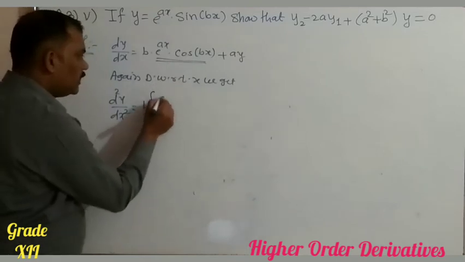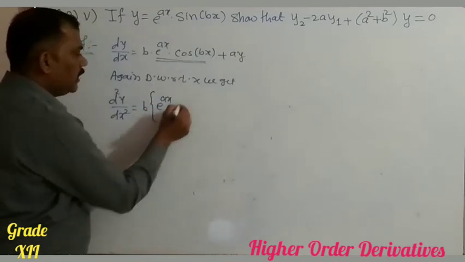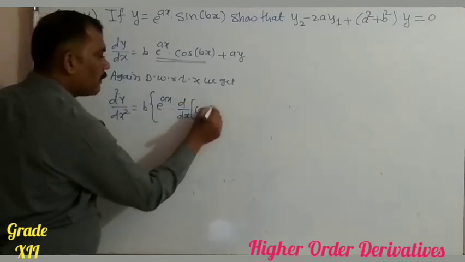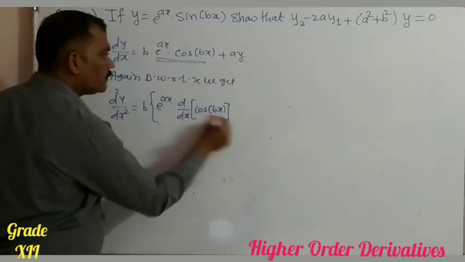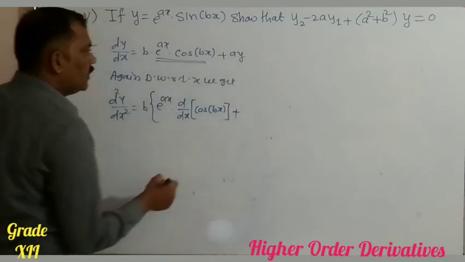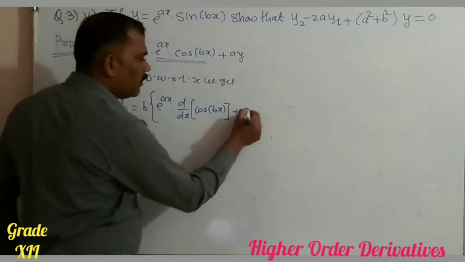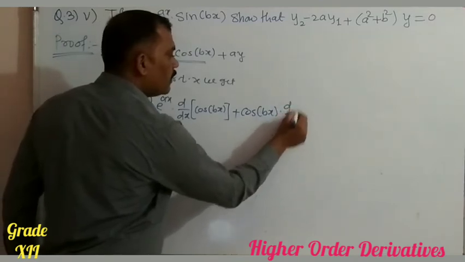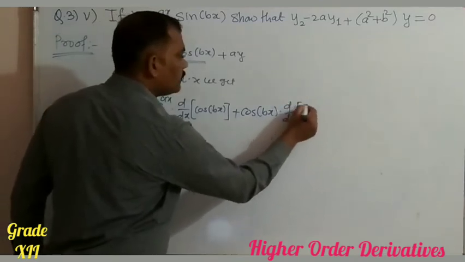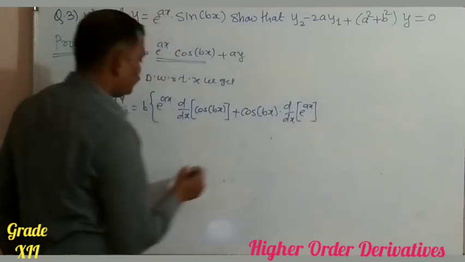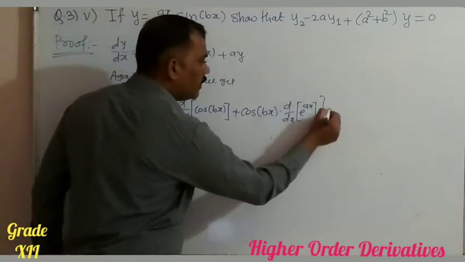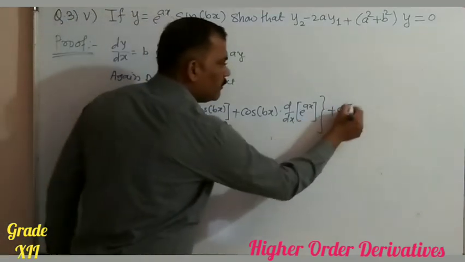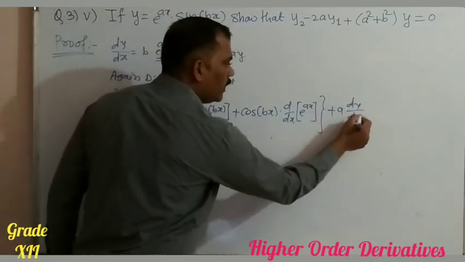First function as it is, that is e raised to x as it is, into d/dx of cos of bx, plus second function as it is, cos of bx as it is, into d/dx of e raised to x, curly bracket complete here, plus a, what is the derivative of y with respect to x? It is nothing but dy by dx.